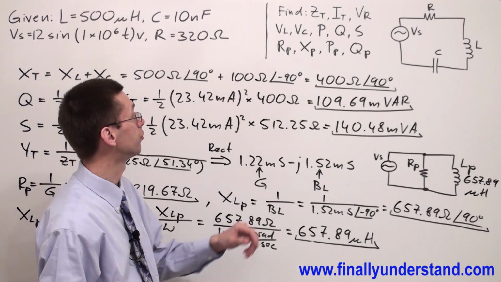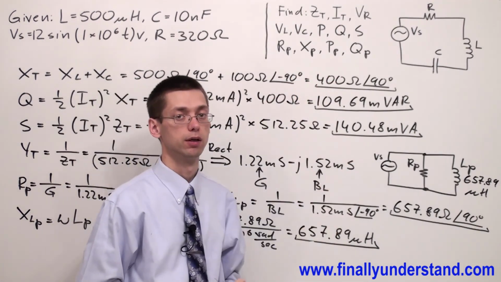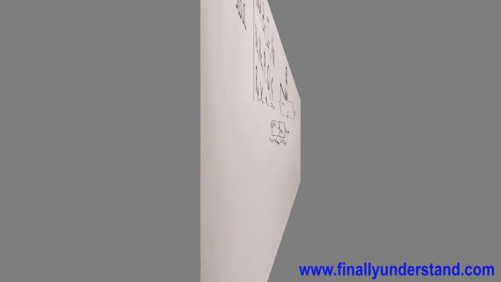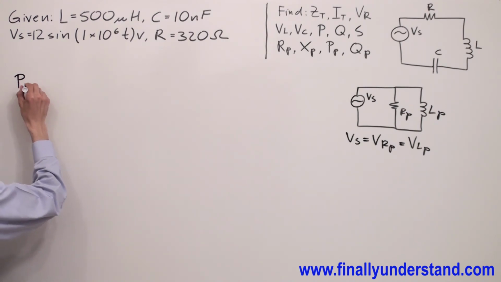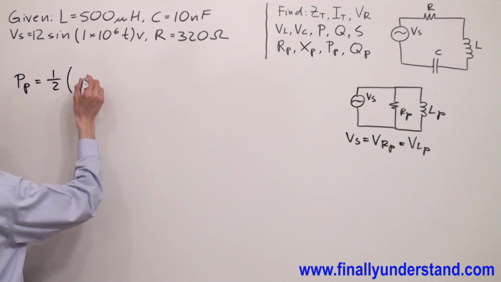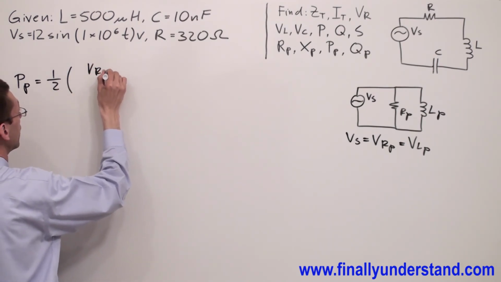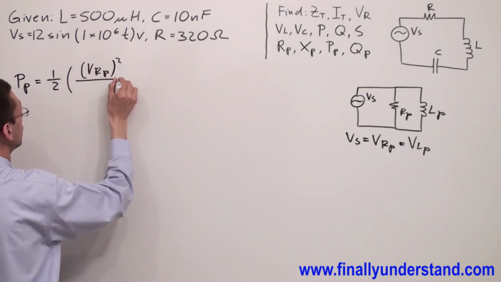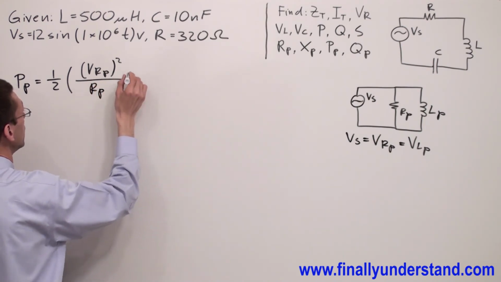Next, we're supposed to find the true power and reactive power for the parallel circuit. True power in my parallel circuit is equal to 1/2 voltage across the resistor in my parallel equivalent circuit raised to the second power over the resistance RP.